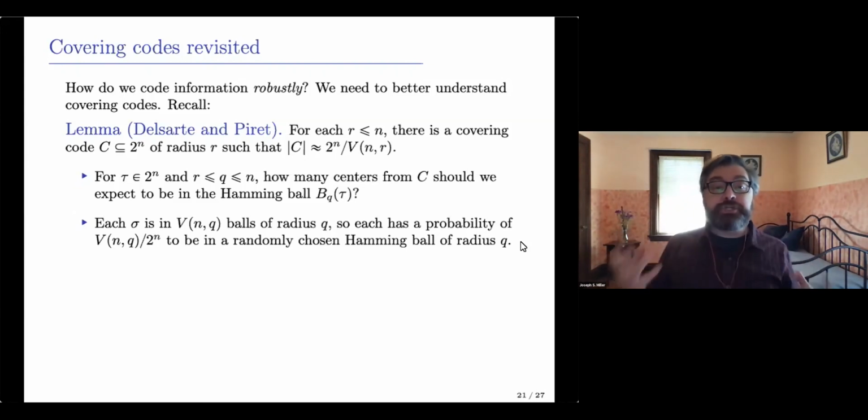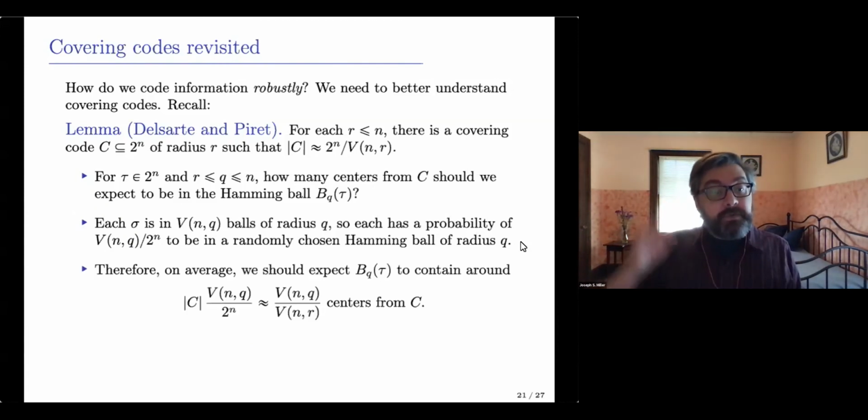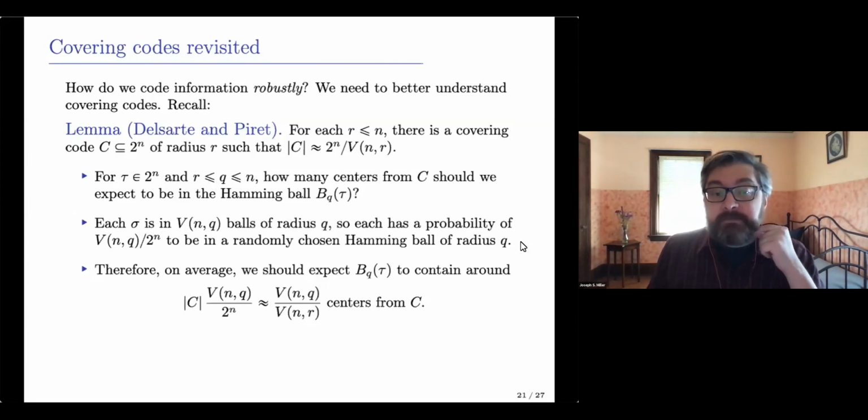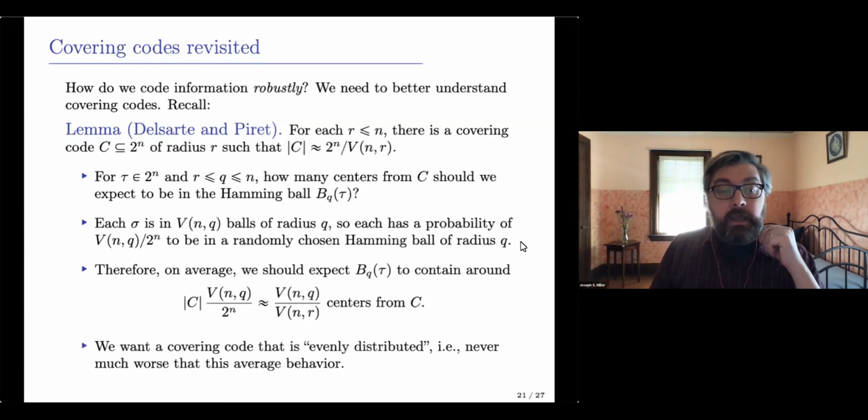So if you randomly choose a Hamming ball of radius q, the probability that sigma's in it is V(n,q) over 2 to the n. That's just a simpler way to see it, a volume argument. So on average, we should expect B_q(tau) to contain, well, there's the size of C centers and the probability that each one is in the ball. And when you simplify that, you get approximately V(n,q) over V(n,r) centers.